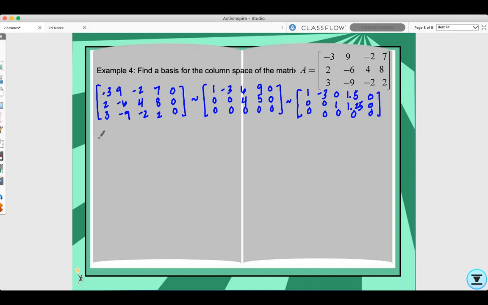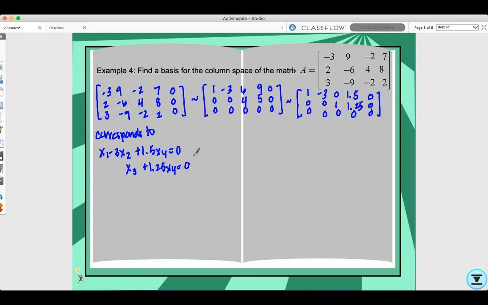So this corresponds to x1 minus 3x2 plus 1.5 x4 equals 0. And x3 plus 1.25 x4 equals 0.